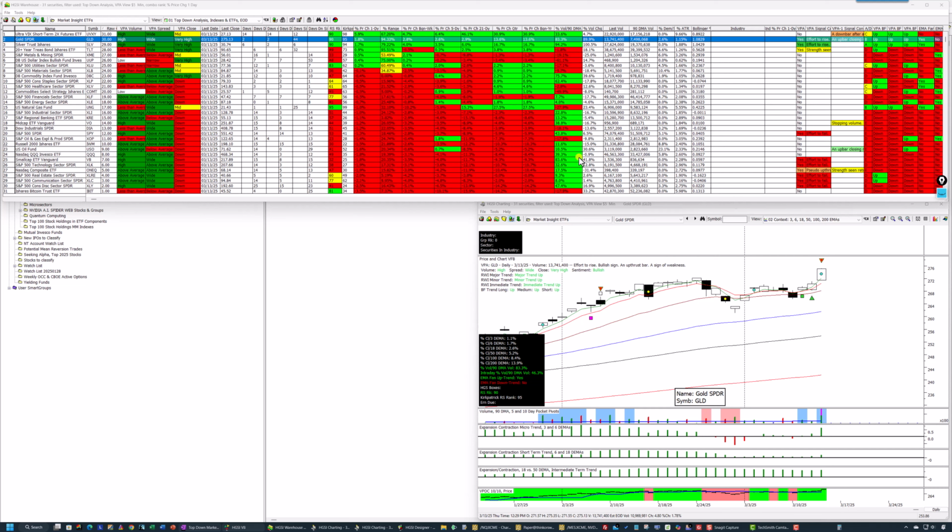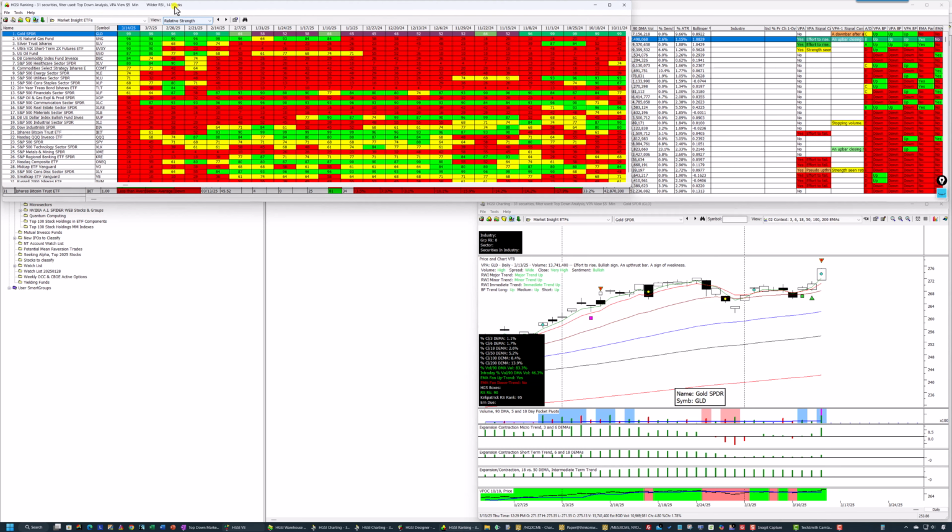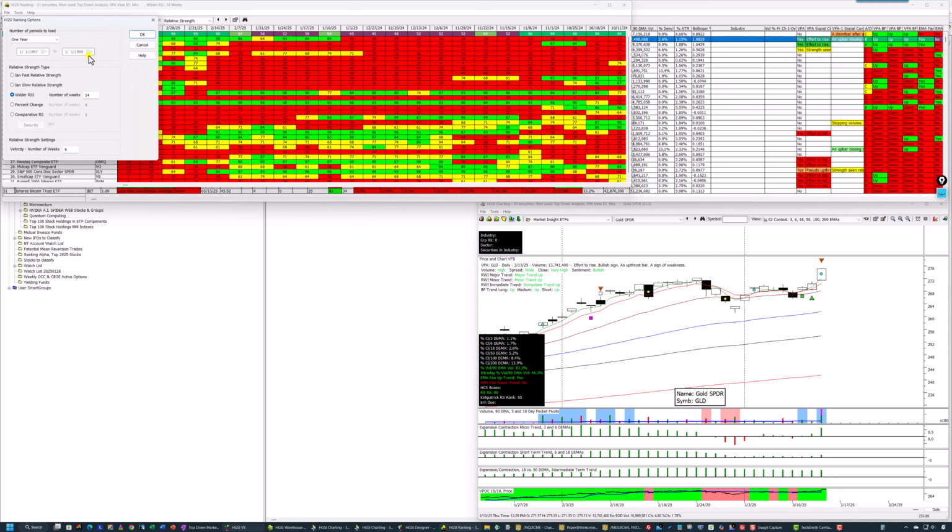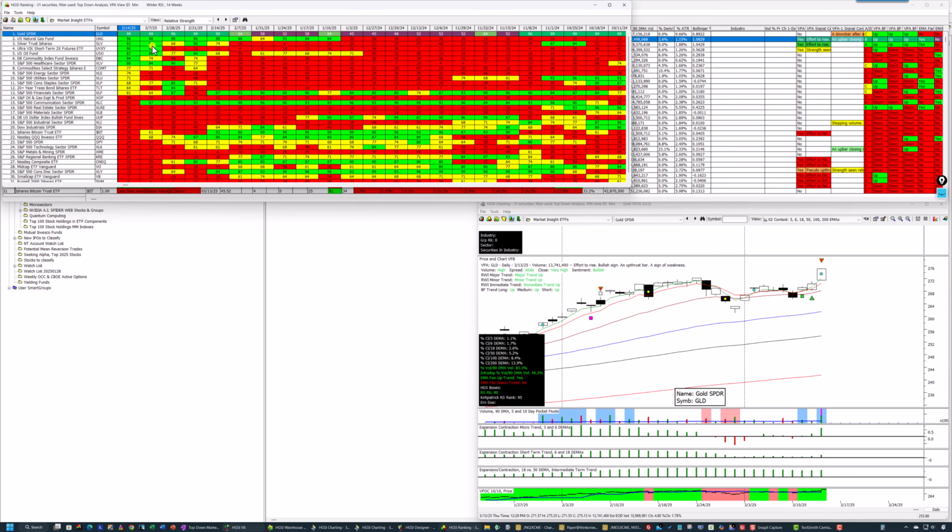Now another thing I like to do is, you see the ranking module up here. I'm going to click on that, and I'm on relative strength, and I have selected Wilder 14 weeks. Over the years, I've been using this to find the strongest trending stocks within a folder.